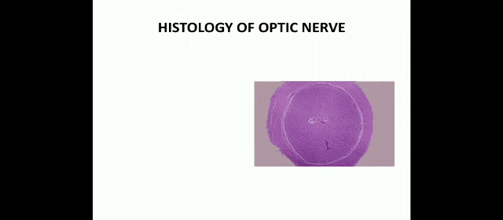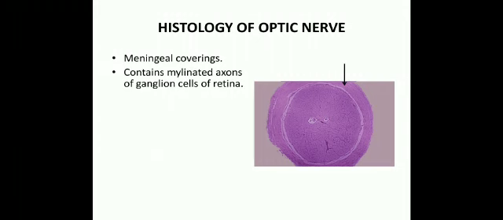Next is the optic nerve. The optic nerve is an extension from the brain. It has meningeal coverings: the outer dura mater, then the arachnoid mater and the pia mater. It contains the myelinated axons of the ganglion cells of the retina.